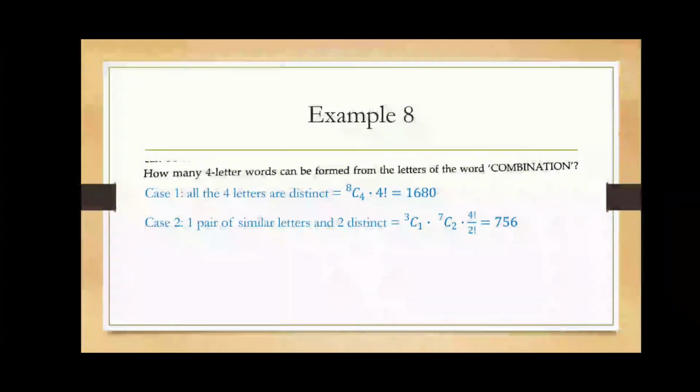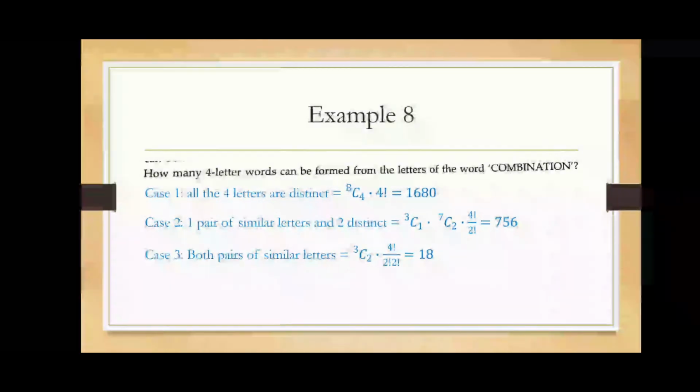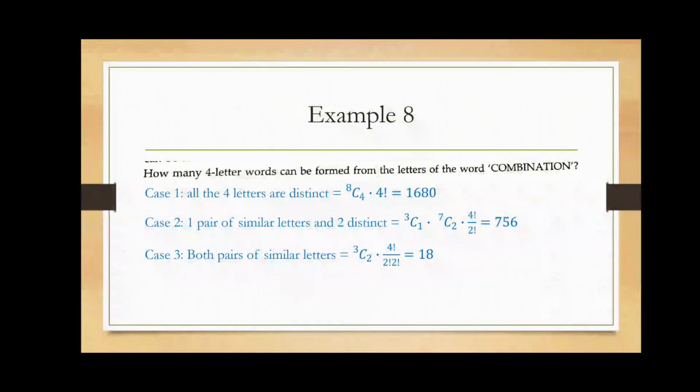Case 3, in this case, I will take 2 pairs of similar letters. There are 3 pairs of similar letters, of which I am selecting 2, so I can do it in 3C2 ways. And then all those 4 letters can arrange within themselves in 4 factorial ways.